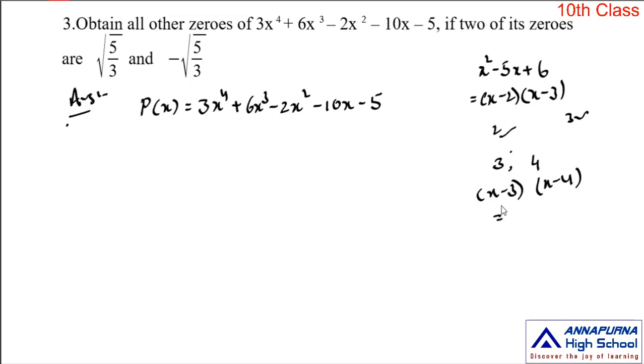When you multiply these two linear factors, we get x^2 - 7x + 12. So this is the required quadratic polynomial.